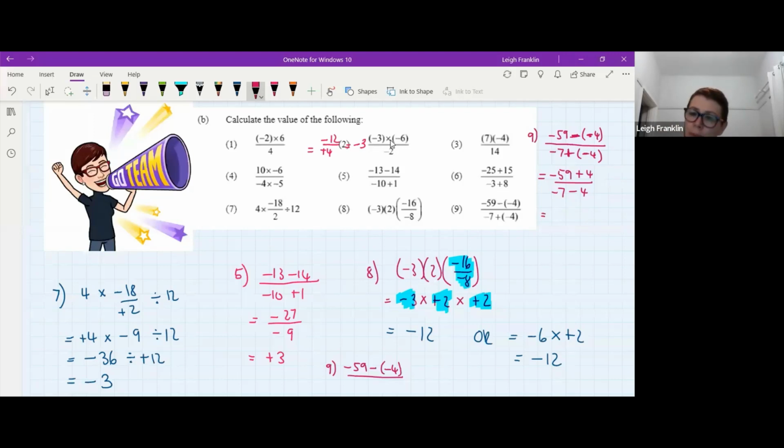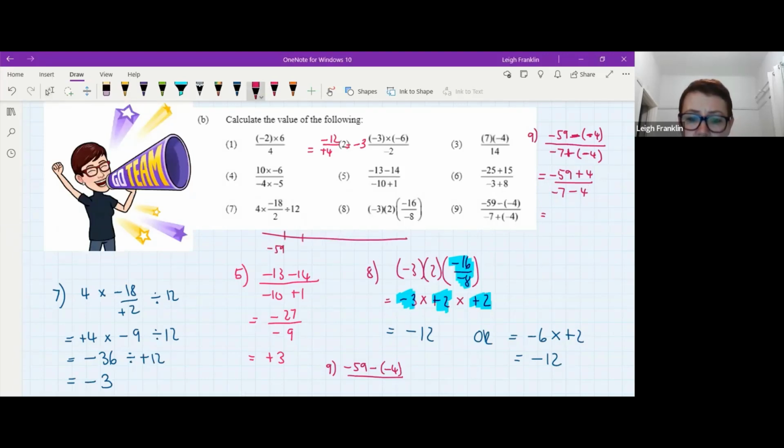So now we sit on the number line. We're at -59 and we're going to go 4 places to the right. Where do we get? What number is 4 places to the right? Oh, ma'am, it'll be easier with a number line, isn't it? But we don't have a number line. Okay, so here is -59.